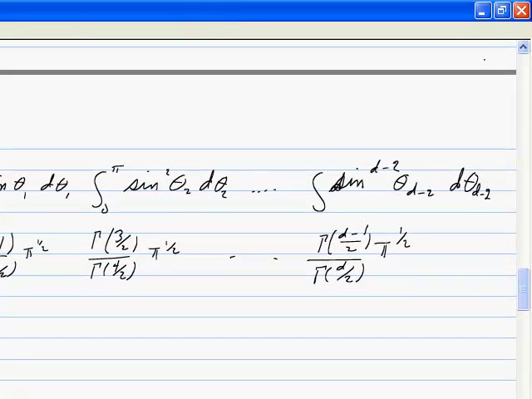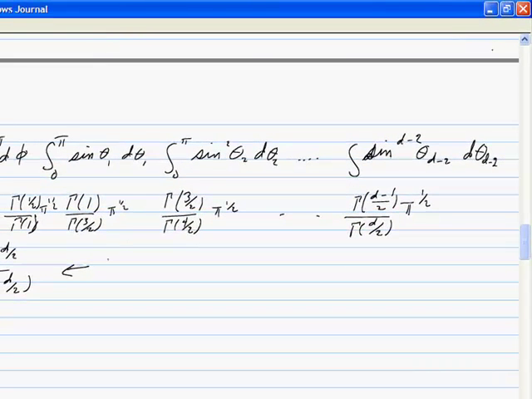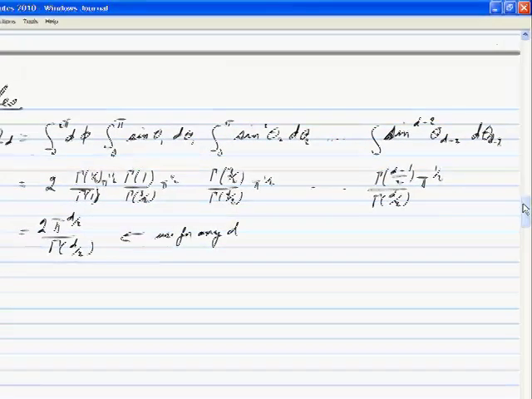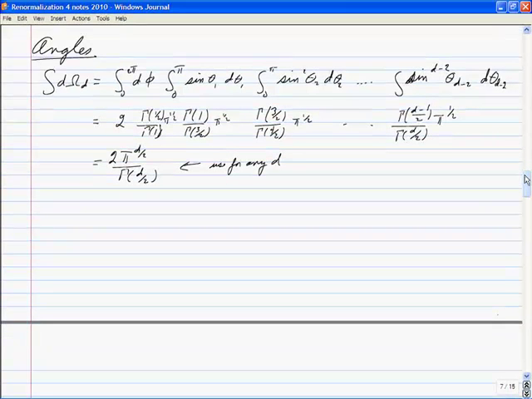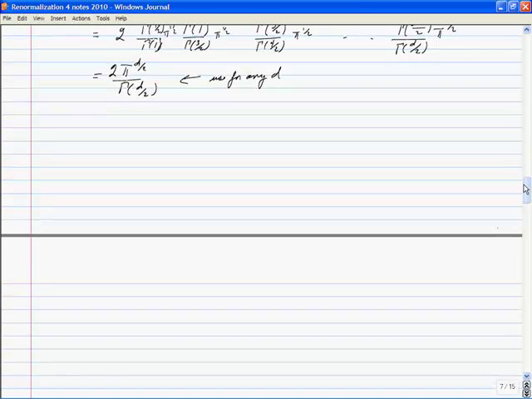This being done for integers is fine, but now this one can be used for any d, including fractional ones. Once you've done that, this is always fun. I don't know if you find it fun, but that's what dimensional regularization does. Let me do my little gamma function review.